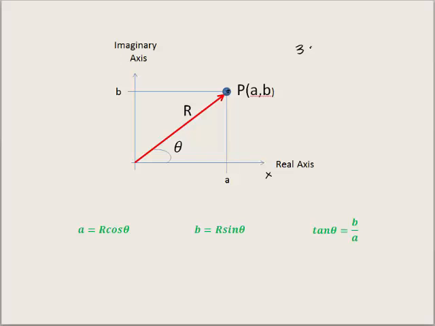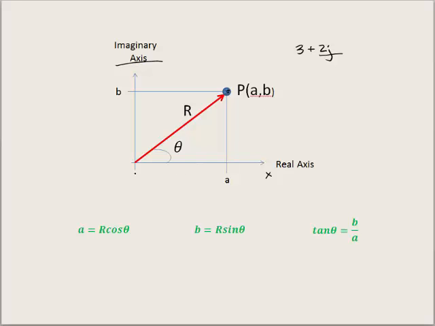Now, complex numbers are usually written something like 3 plus 2j. Okay, what is this j? What that j refers to is the imaginary axis. Formally, or sometimes you've known it as the y. But with complex numbers, we have to have some accommodation for that j, and we call that j the imaginary axis.